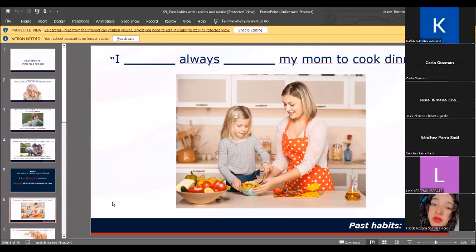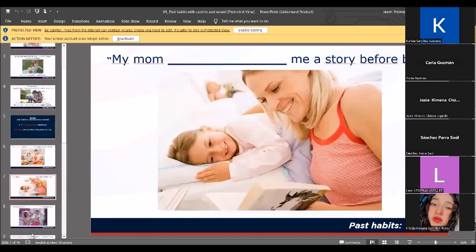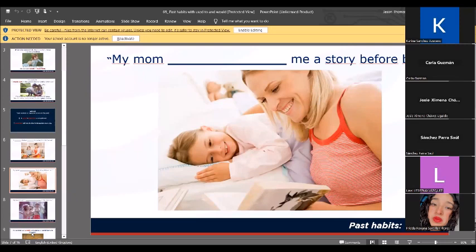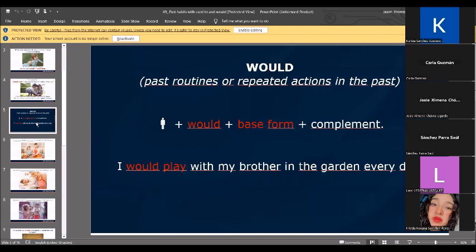All right. Let's continue with Natalie. My mom reading me a story. My mom would read me. Don't forget the structure: would plus verb.